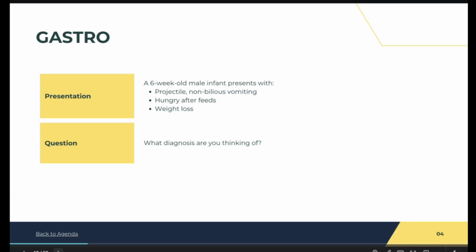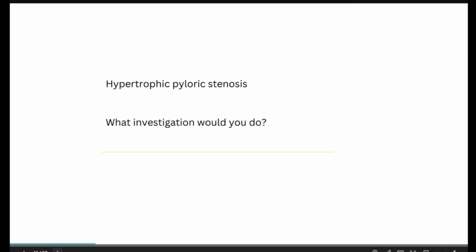Is there any diagnosis you're thinking of? Okay, so Phoebe said pyloric stenosis. That's a very good idea. So that is the answer. And is there any investigation you would particularly use for this condition?